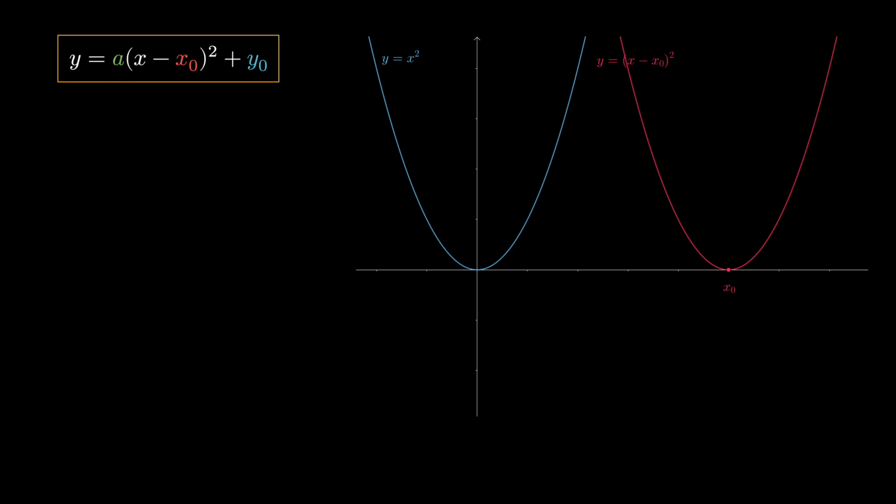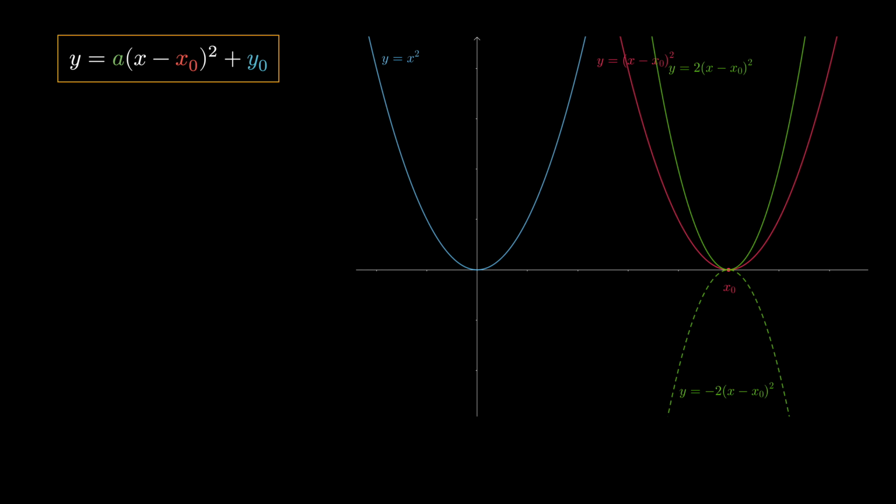Next, we multiply by the scale factor a. For example, a equals 2, which will multiply every value by 2, and so the whole curve gets stretched by a factor of 2. If a is negative, it would also flip the curve about the x-axis.